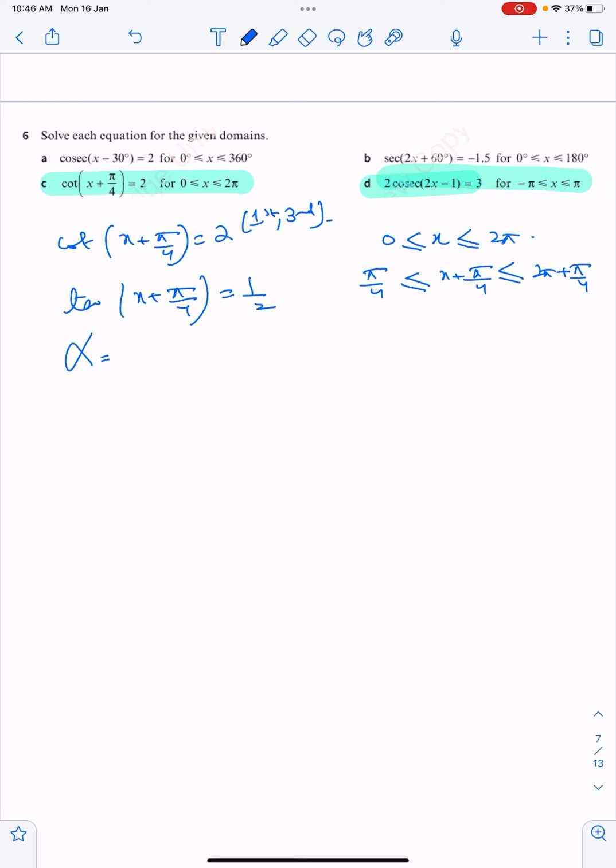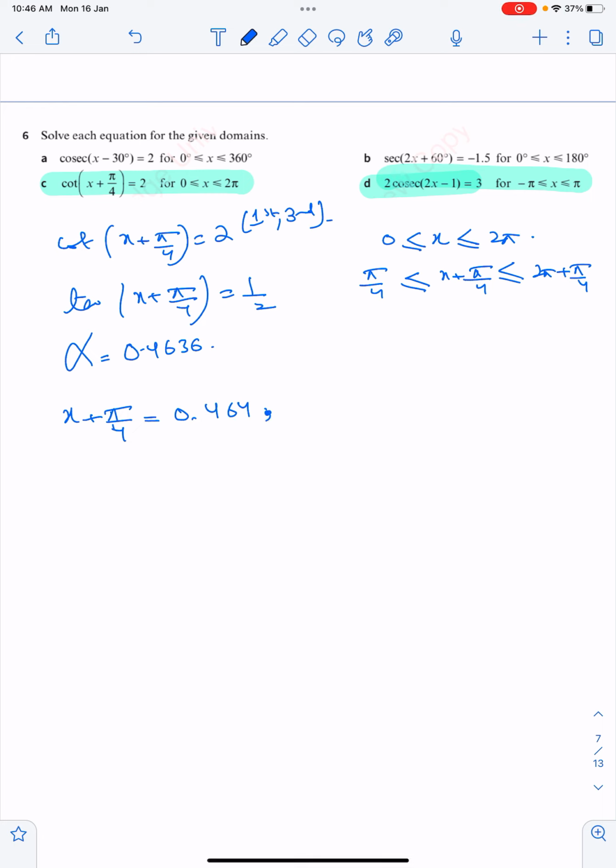We are keeping angles in radians in this particular part, so I'm changing the angle unit to radians. Tan inverse of 0.5, the basic angle is coming out to be 0.4636. So the answers for x plus pi by 4 now: in the first quadrant, the answer will be 0.4636 only, or I can just round it to 3 significant figures, 0.464.